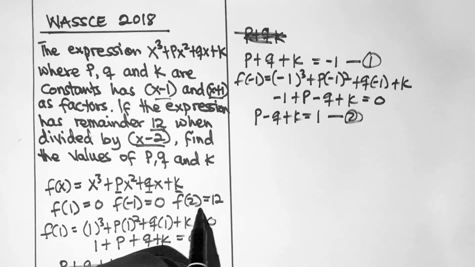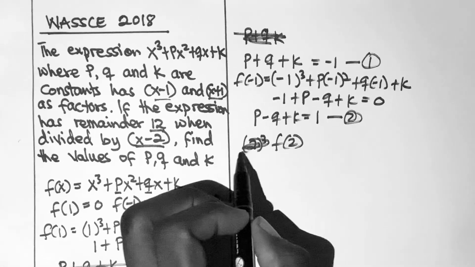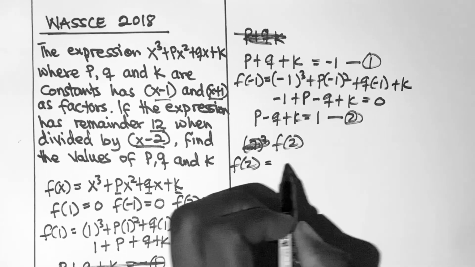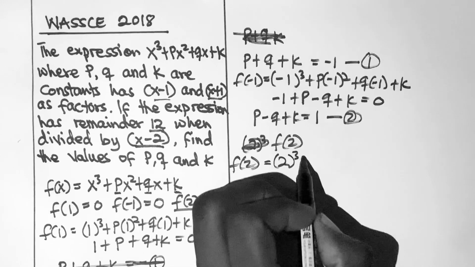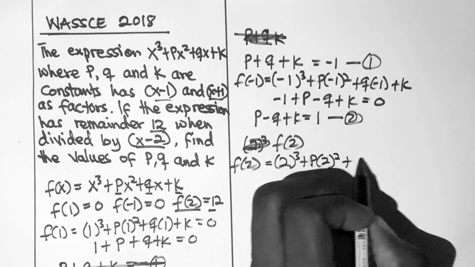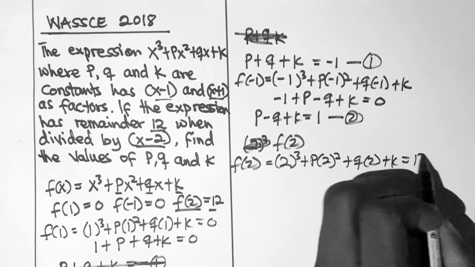Then the last aspect is f of 2 equals 12. So let's find f of 2. So f of 2 is equal to 2 cubed plus p times 2 squared plus q times 2 plus k is equal to 12.